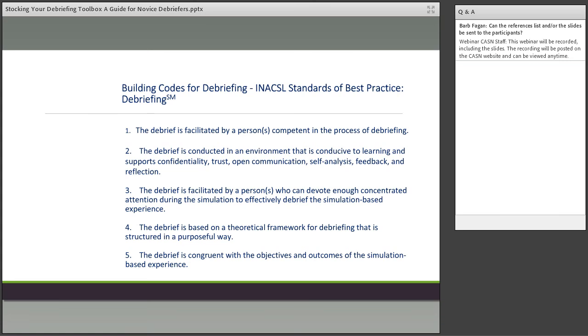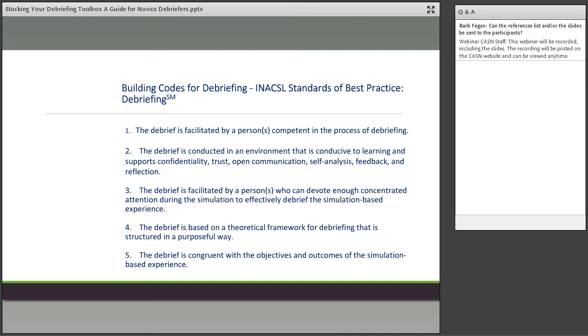Now, building codes. This is just the revised standards of best practice from Anaxel. Again, I'm not sure how many of you were on the webinar yesterday. The Anaxel standards of best practice, yes, were developed by a nursing organization, but they have been thoroughly vetted by an interprofessional, international team of people involved in simulation, so they can be used across the board.